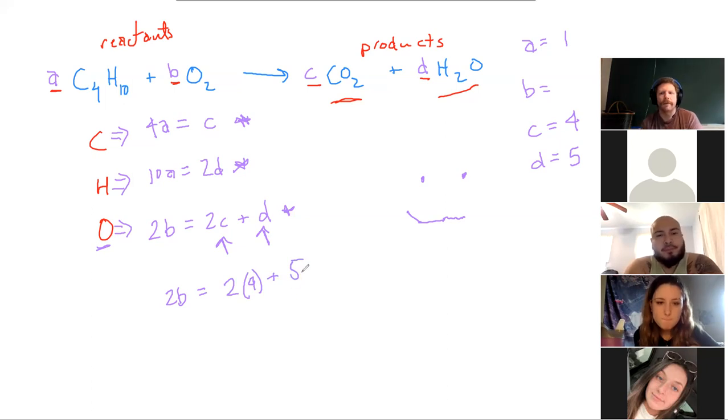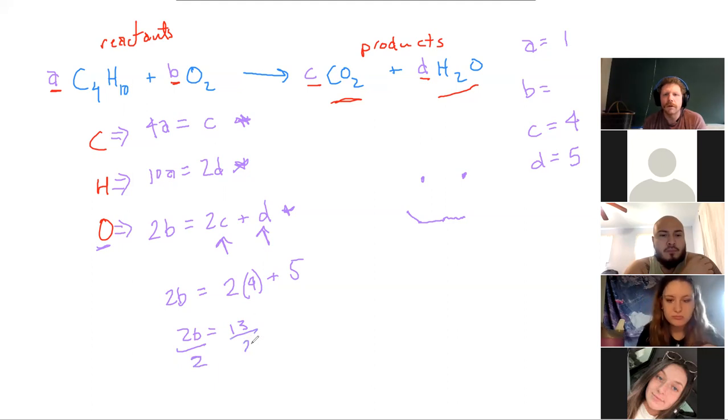Does everyone agree with that? Now what we're looking at is 2B is equal to 8 plus 5, that would be 13. Divide by 2. So B is 13 divided by 2.